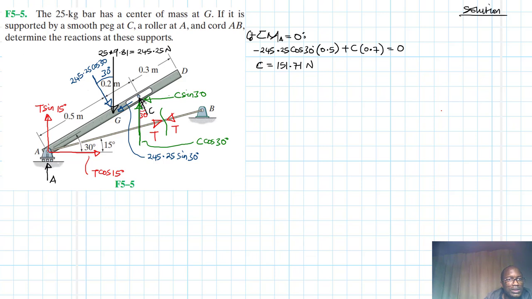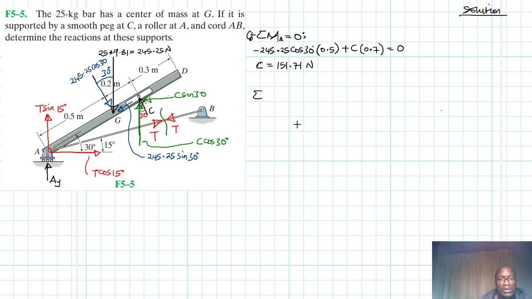Of course we said this is AY. So summation of forces in the X direction, which direction do we start? We have C. We have only T that is unknown.